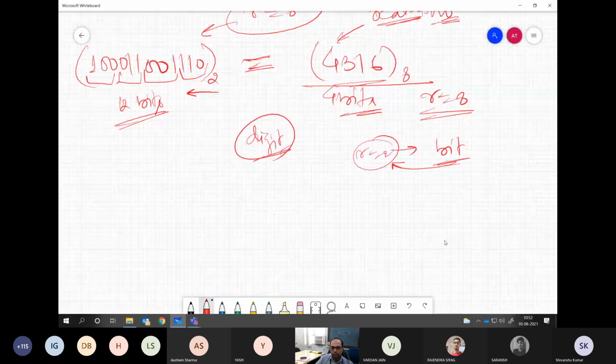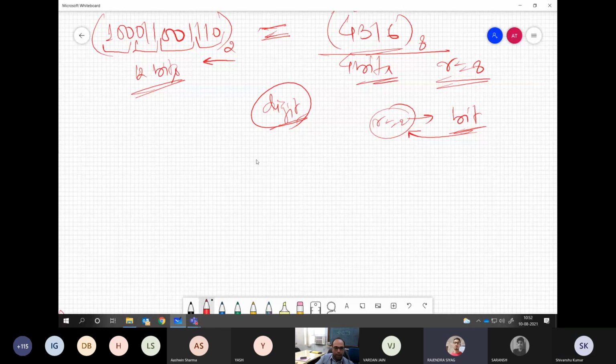Clear? Yes or no? Yes, sir. Okay, now let's say we have this 12 bits, you can have division by 3 very comfortably. But as we had the previous one, only 8 bits were there, 10110011.